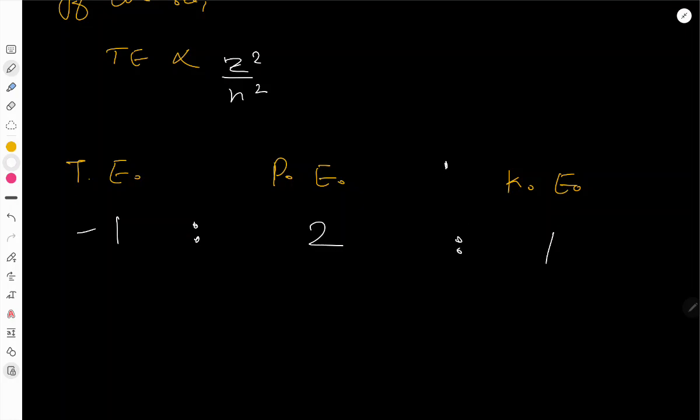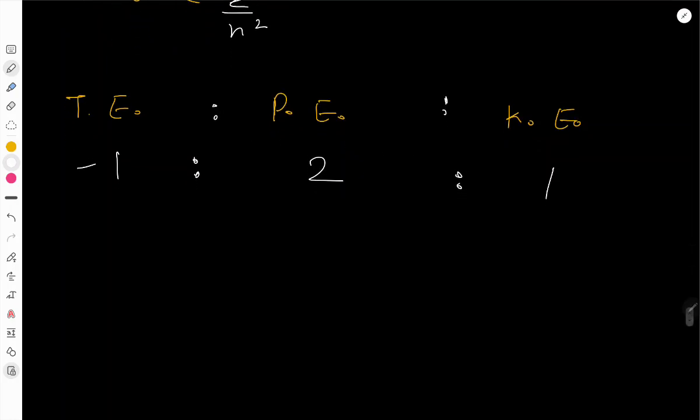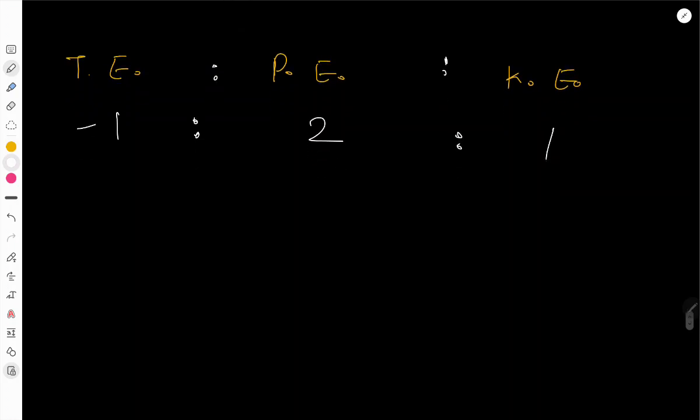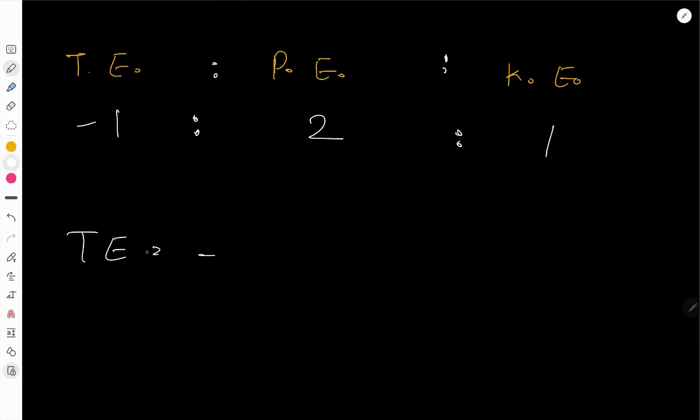This is the ratio. And the formula for total energy is minus 13.6 z square by n square. This is in eV.